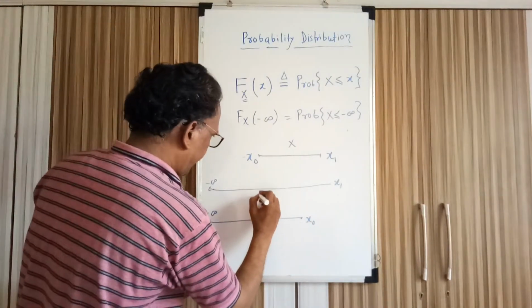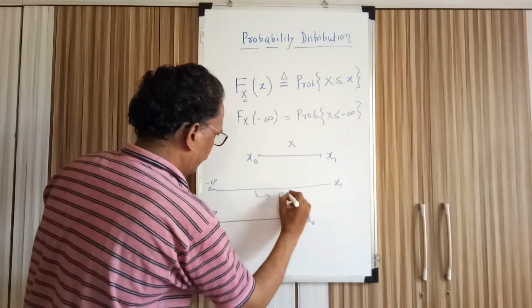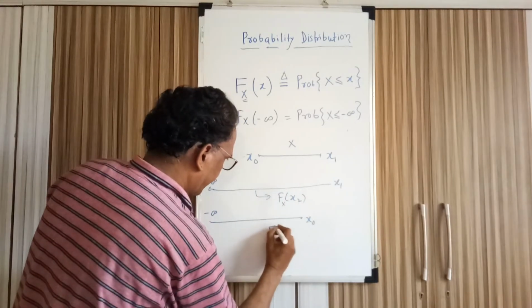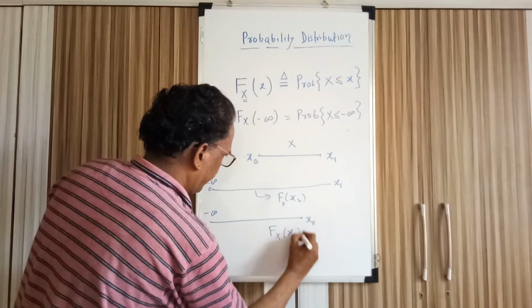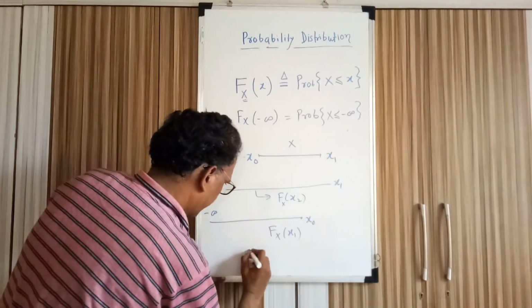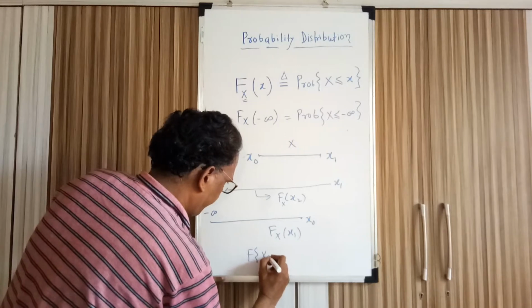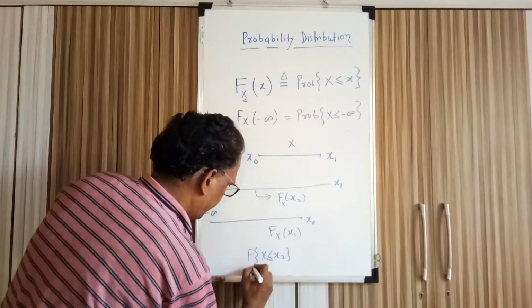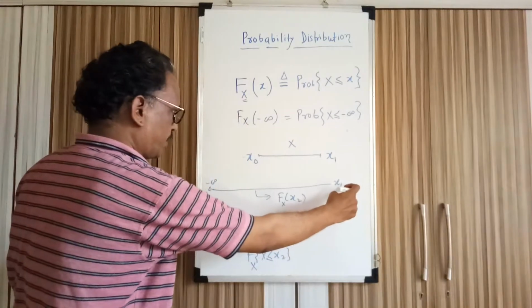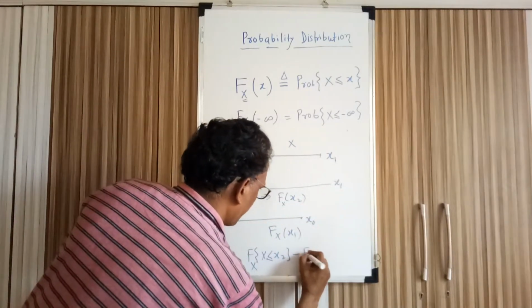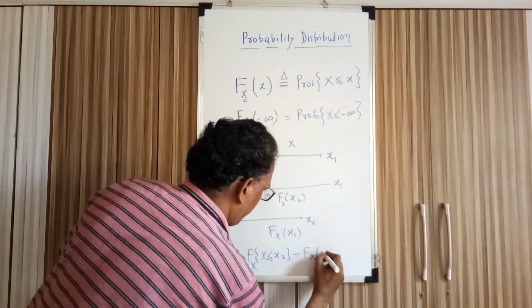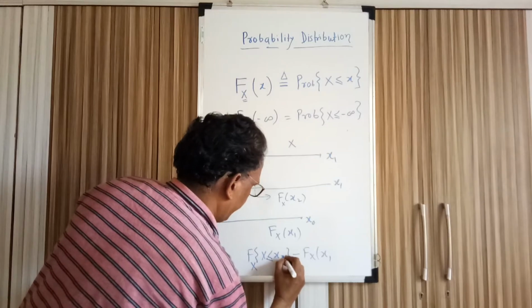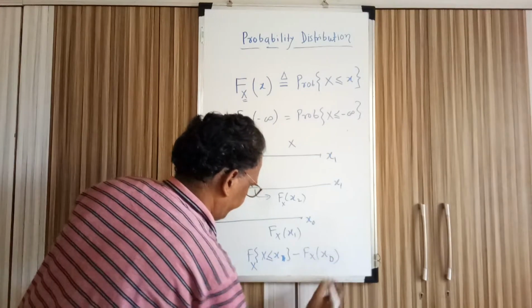So for this I can write Fx of x2, and for this I can write Fx of x1. So the total is the distribution function of this range minus the distribution function of this, where this is x1 and this is x0.